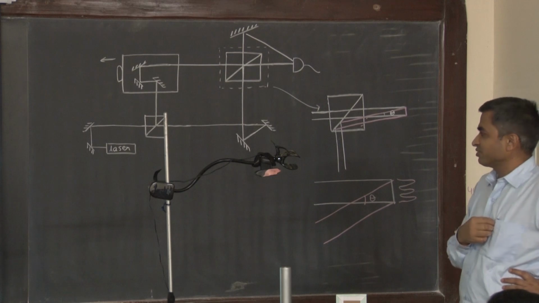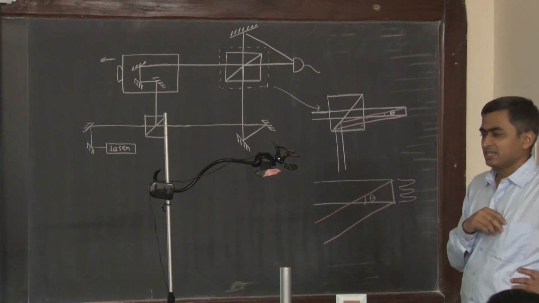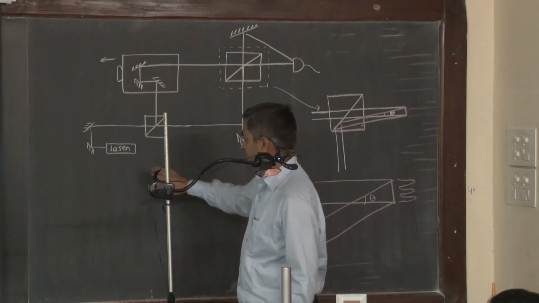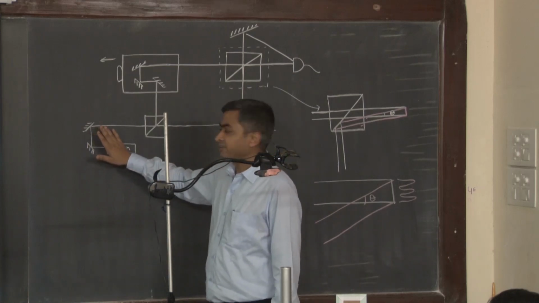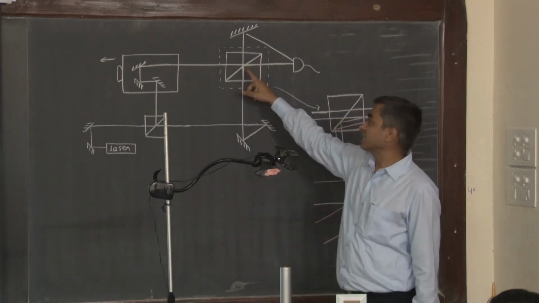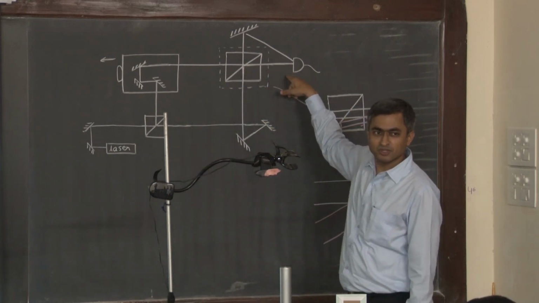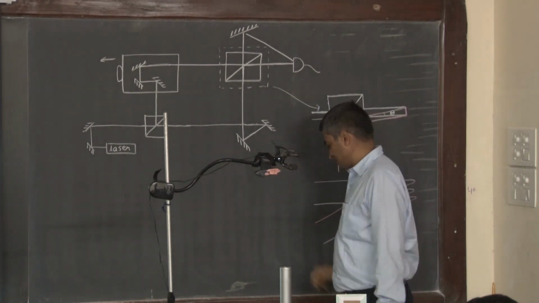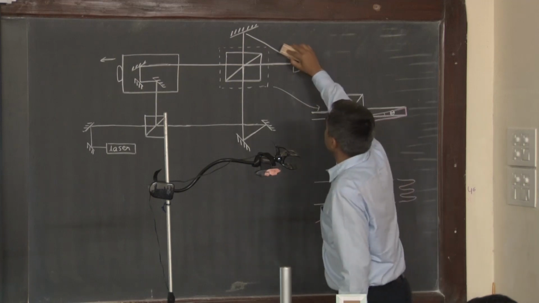What happens to the conservation here? We send in some intensity. Actually, this is a 5 milliwatt laser, so that's how much light we are sending in. Do we have all that 5 milliwatt coming out of this output port? No? Then what happens? Right now, let's not combine this.